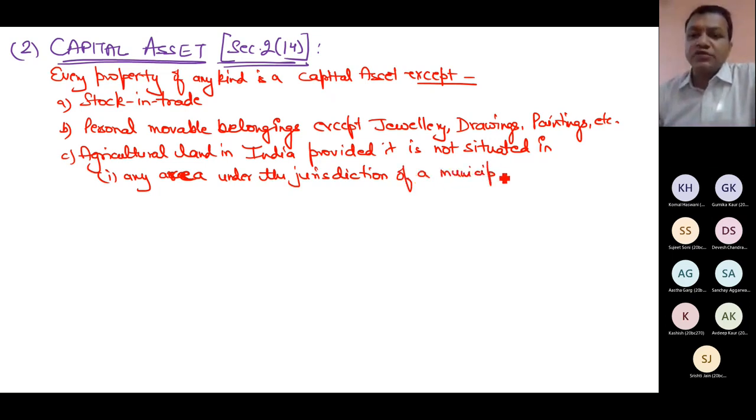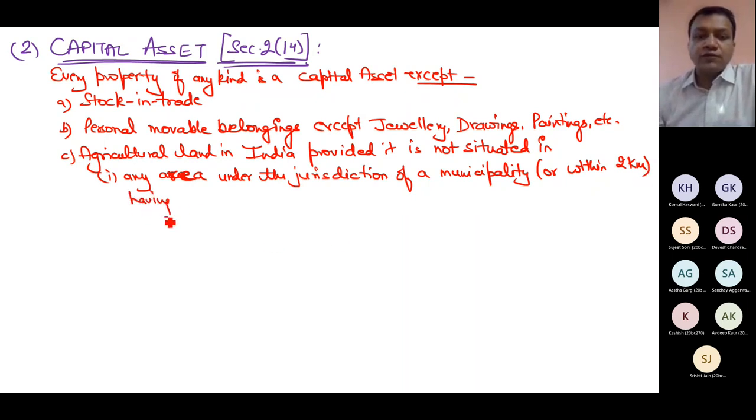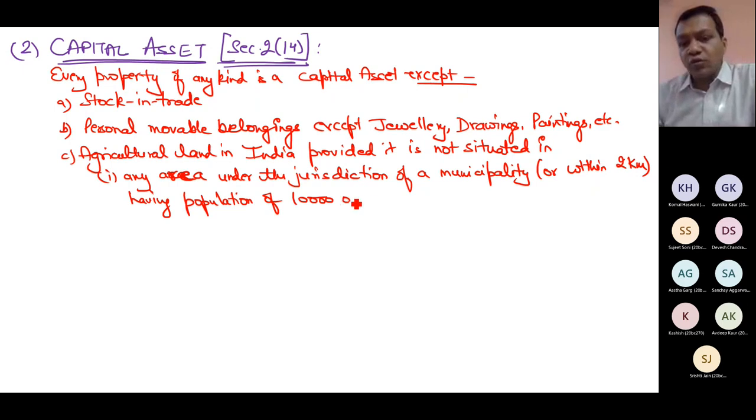in any area under the jurisdiction of a municipality or within 2 kilometers, roughly I am writing it, not the correct language, having population of 10,000 or more but less than 1 lakh.